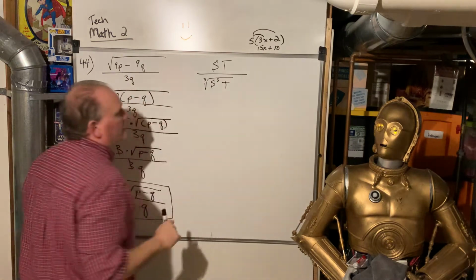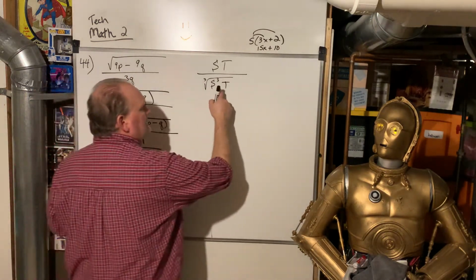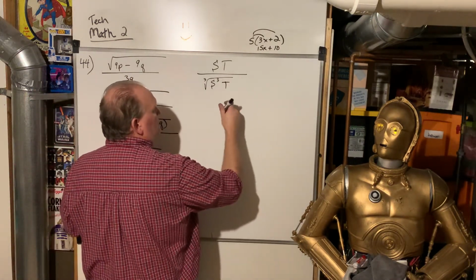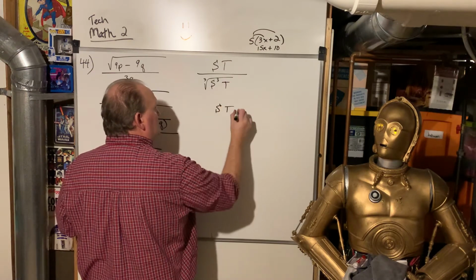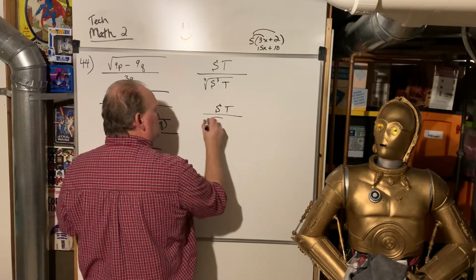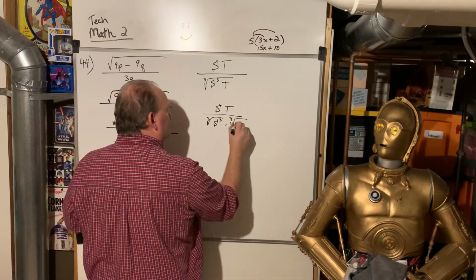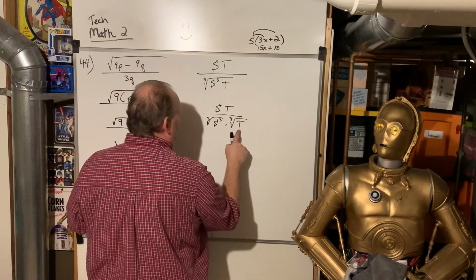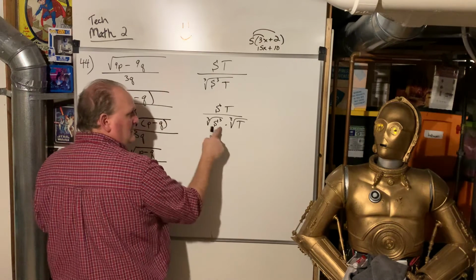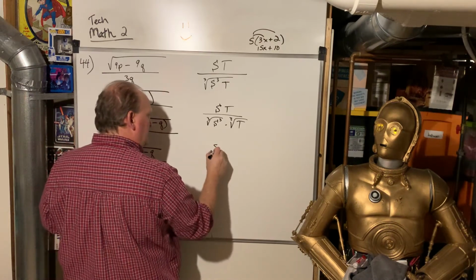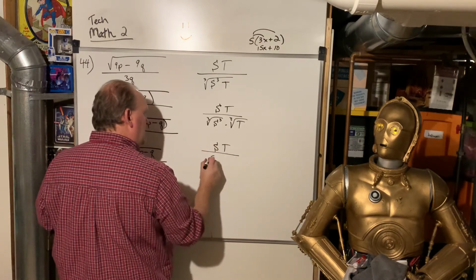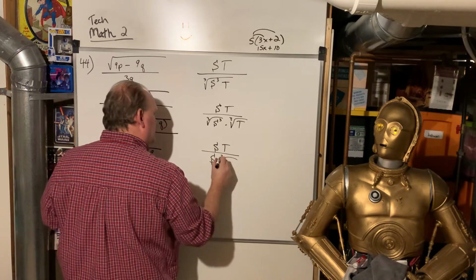All right, so look at what happens. We can break this into perfect cubes and leftovers, so st on the top stays st. But this becomes the cube root of s cubed times the cube root of t. Can't do anything with the cube root of t, but this, that's just s. So I have st over s times the cube root of t.